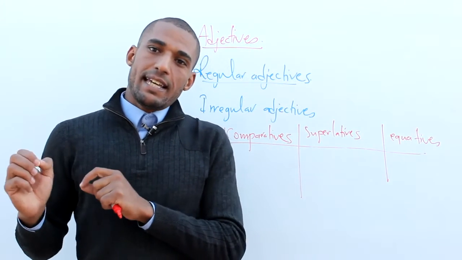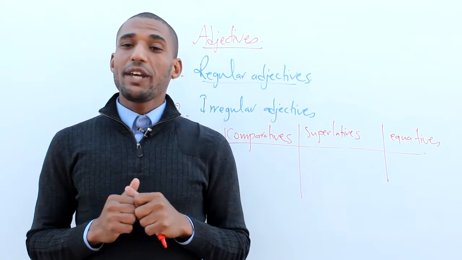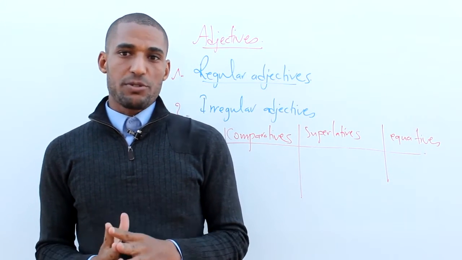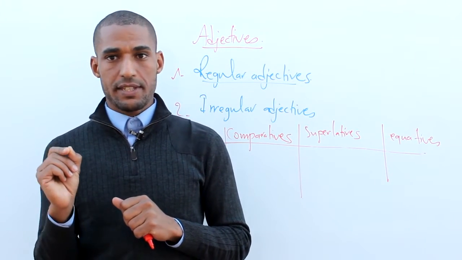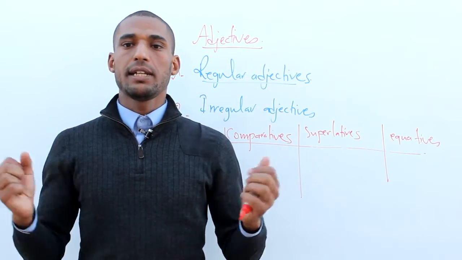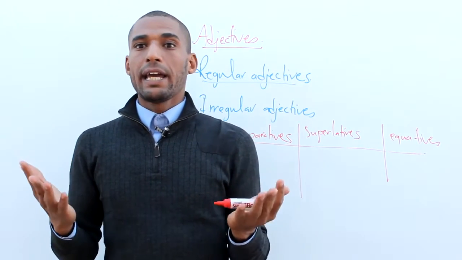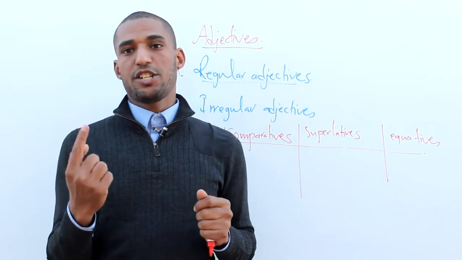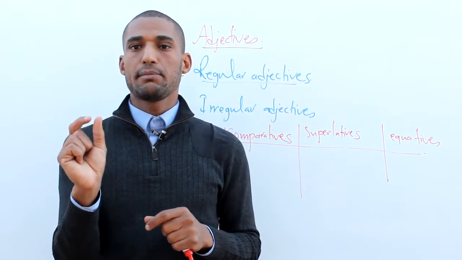And because this syllable ends in a consonant, we name it a closed syllable. If the syllable ends in a vowel, then it is an open syllable. For instance, we say dry. Dry, again, is an adjective. It's a short adjective. It consists of one syllable.